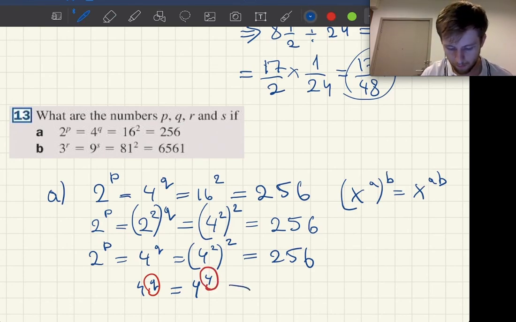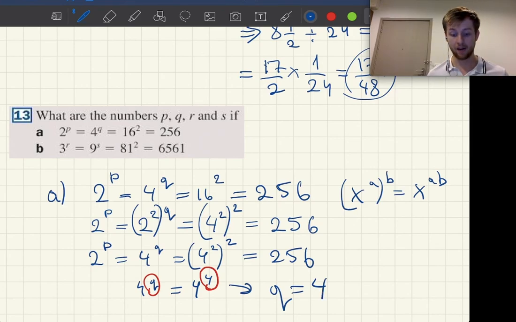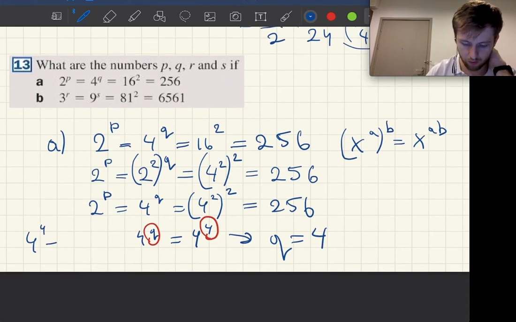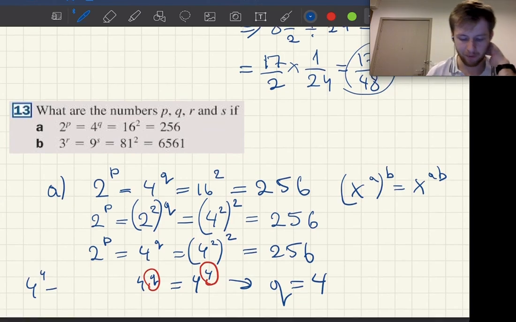So Q equals 4, and we know that 4 to power 4, now we can take it to another, okay, my paper is going to finish.